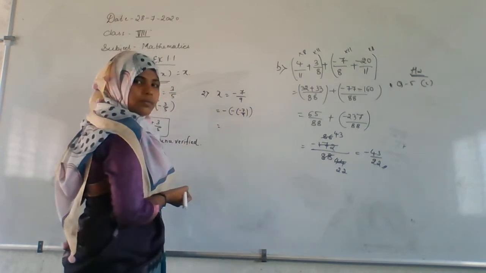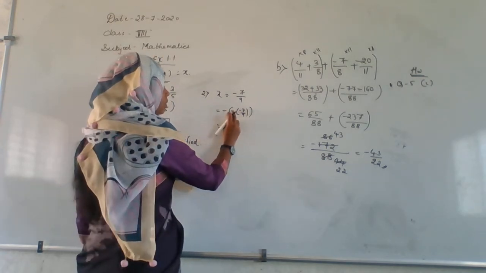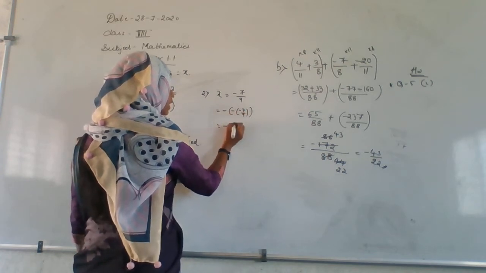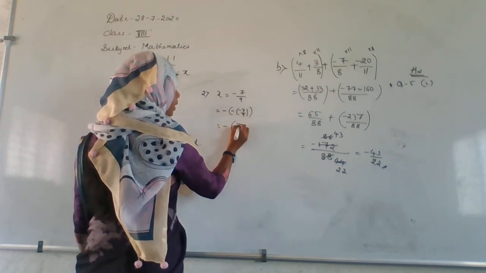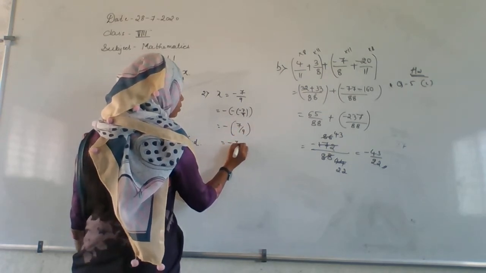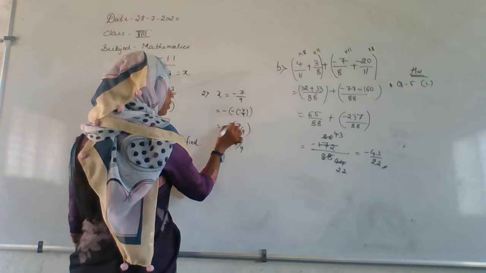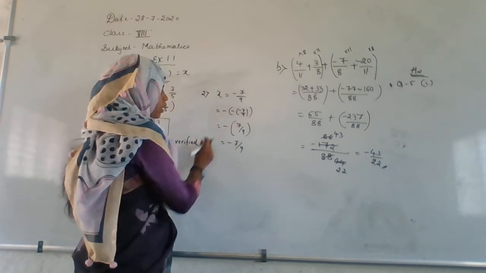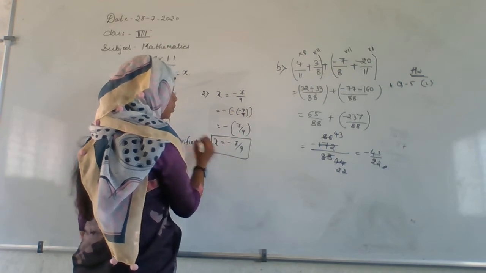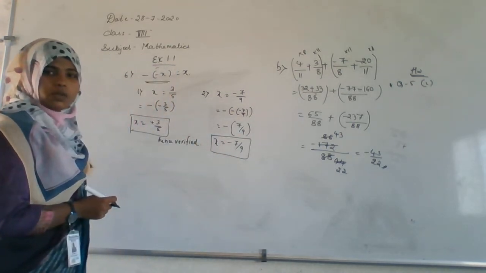Whatever is in the bracket we solve first. So minus of minus 7 by 9, minus into minus is plus 7 by 9. Then again, applying the minus to this number gives minus 7 by 9, and again we get x. Hence it is also verified.